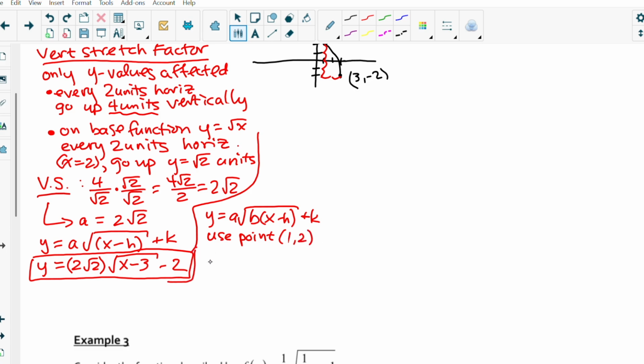So plug in all our values. 2 equals, I'm solving for the a value. B value is 1. We're only considering vertical stretch, so no horizontal stretch. X value is 1 minus the h value, which is 3, and minus 2. And let's solve for a. That's 4 equals a.